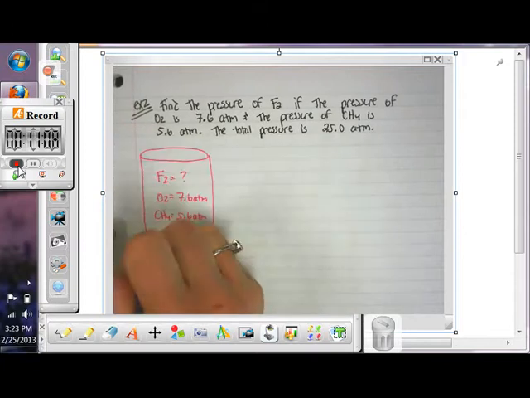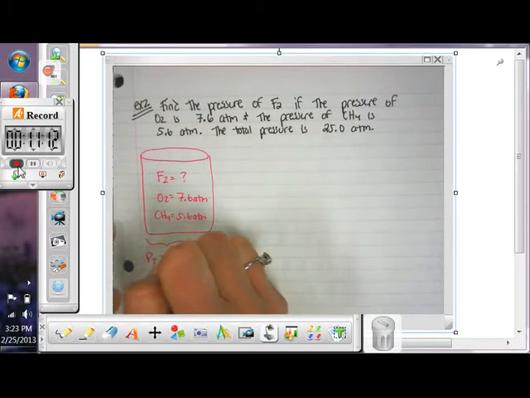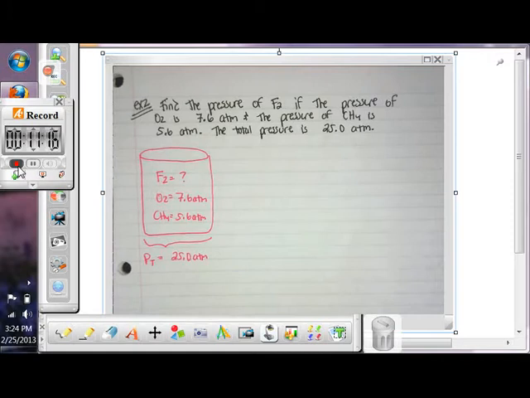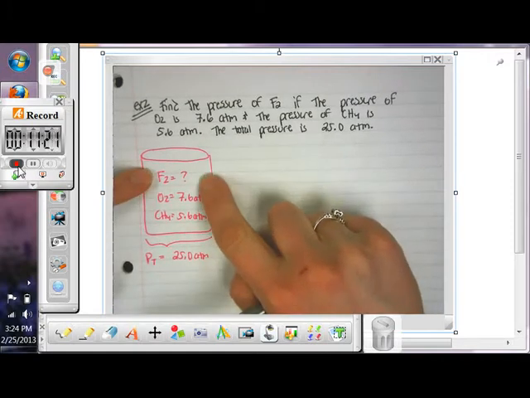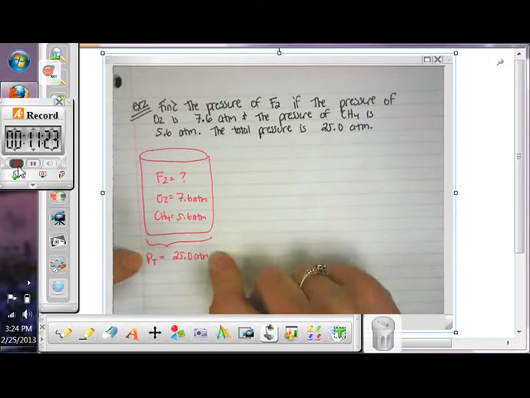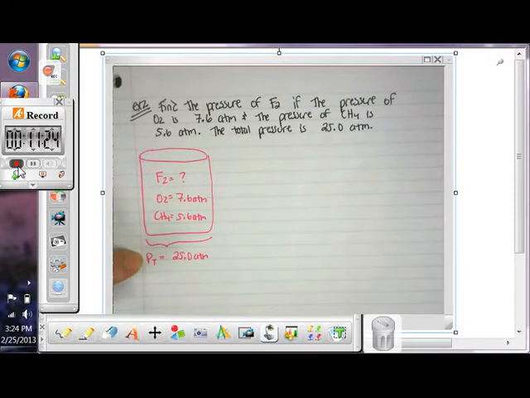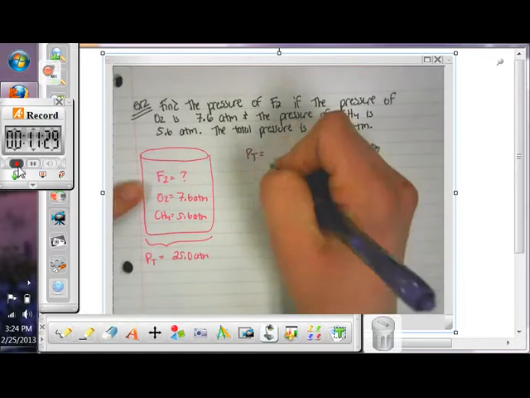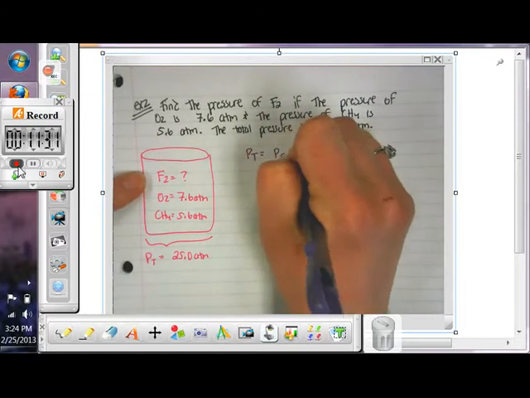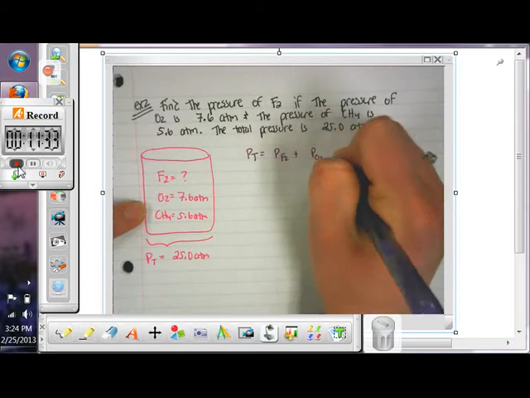And we know the total pressure is 25.0 atm. So we know that 7.6 plus 5.6 plus fluorine's pressure should give us 25 on the dot. So I'm going to write a little formula. Pressure total is going to equal the pressure of F2 plus the pressure of O2 plus the pressure of CH4.